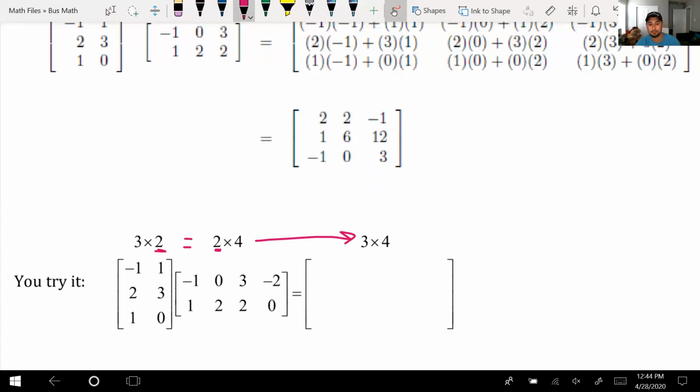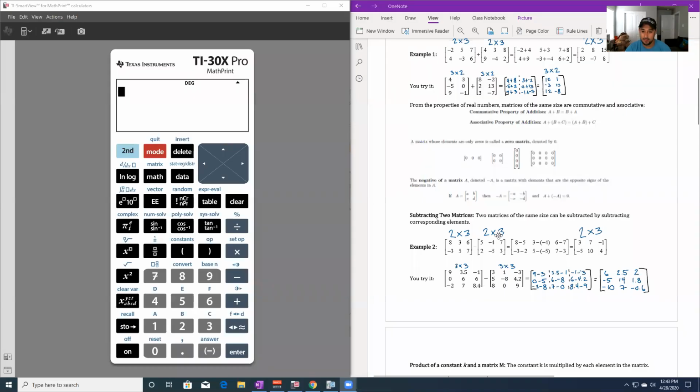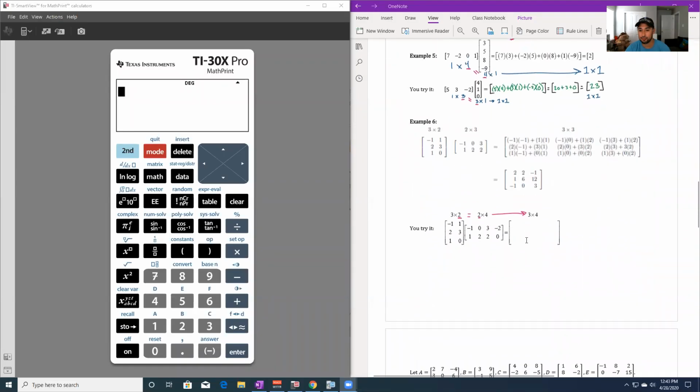All right. So let's go back to my other screens. Bam. Here we go. Now let's make our lives easy. Second matrix, go to edit. And now my matrix is a 3x2, so 3 rows by 2 columns.